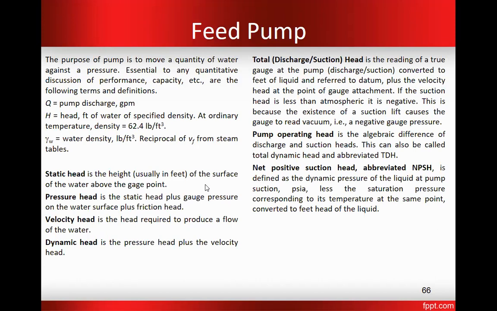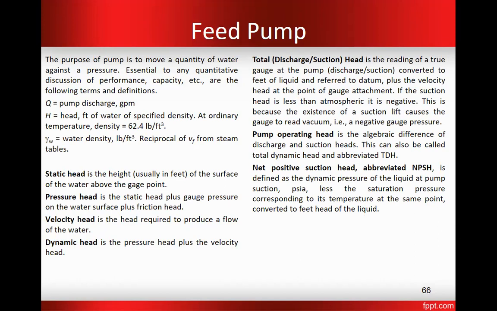Next, speed pump. The purpose of pump is to move a quantity of water against a pressure. Essential to any quantitative discussion of performance, capacity, etc., are the following terms and definitions. So ito yung sa speed pump. Kailangan mo ng pump discharge in GPM, Q. Then S is equal to the head, the feet of water of specified density.